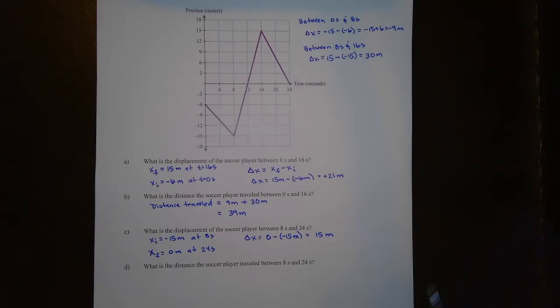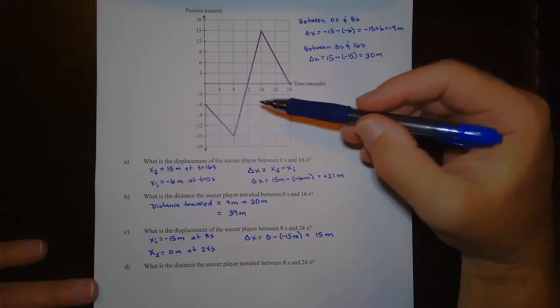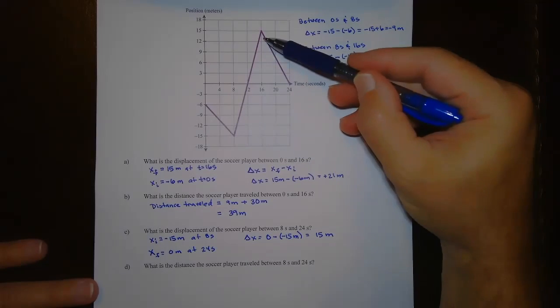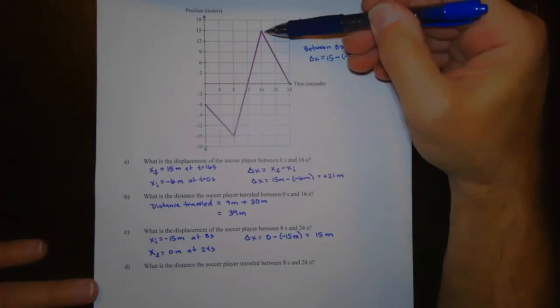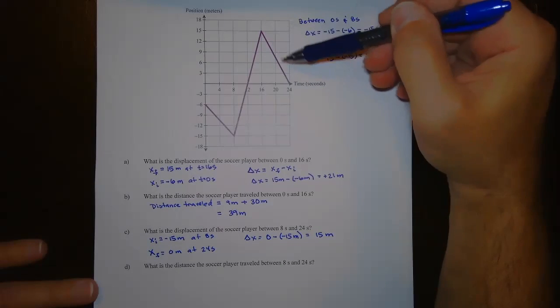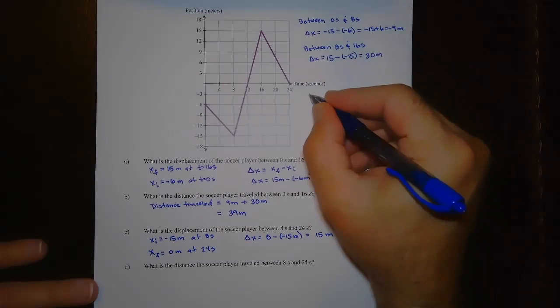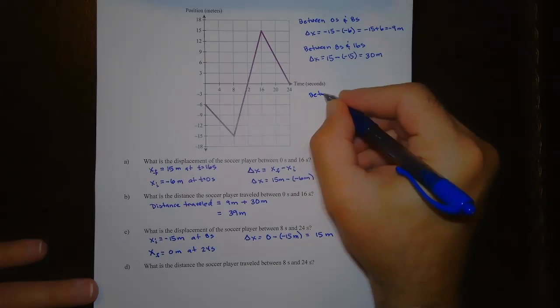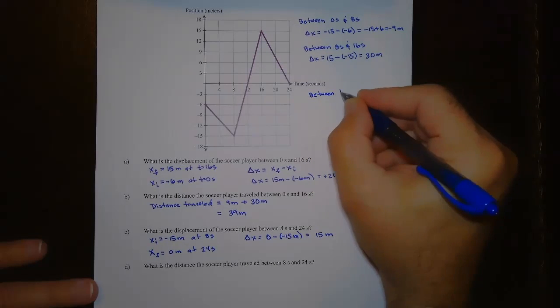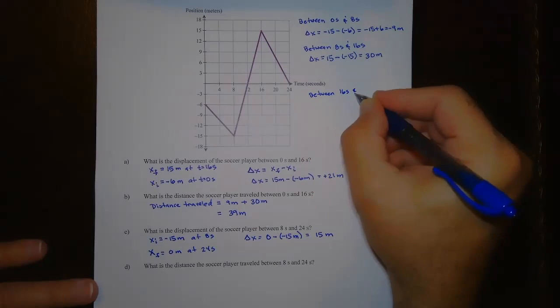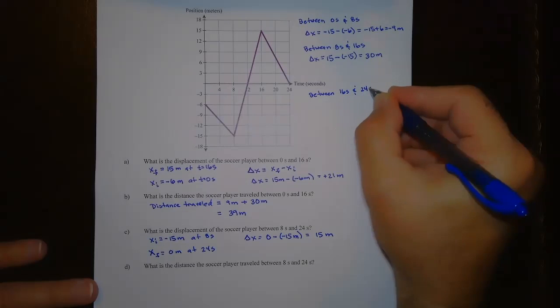All right. So now, what is the distance the soccer player traveled between 8 seconds and 24 seconds? Okay, so 8 seconds and 24 seconds. So that would be this one. That'd be 8 to 16. And then we'd also need to do 16 to 24. So now we need to add this one, between 16 seconds and 24 seconds.